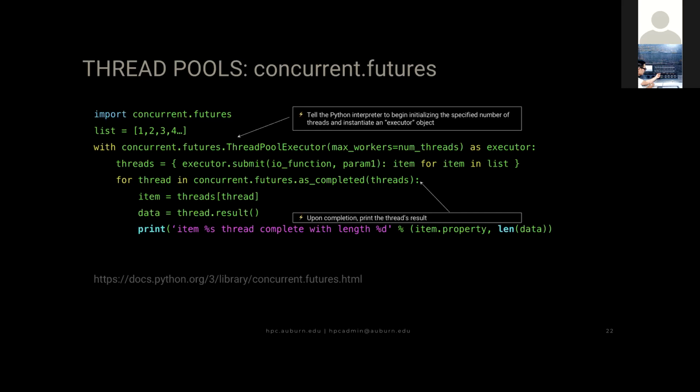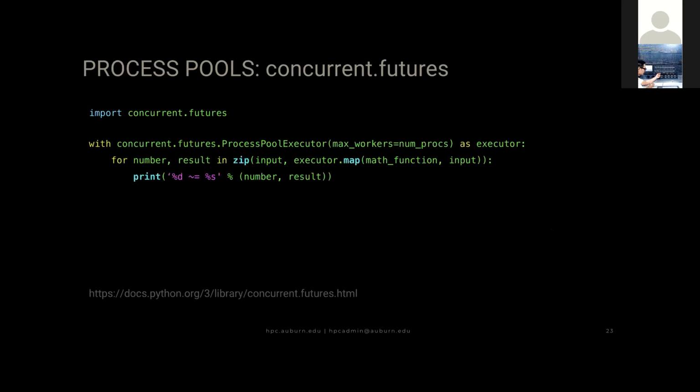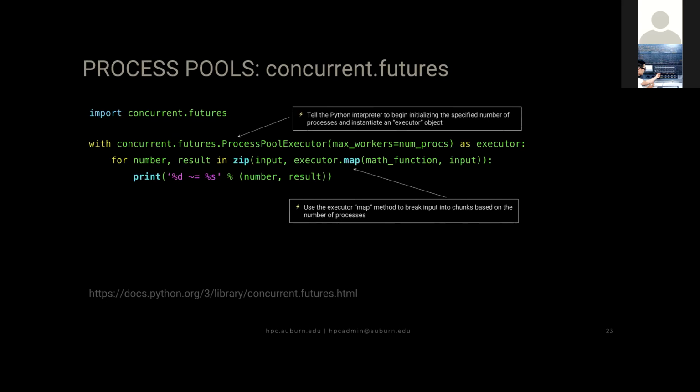But even more simplistic is with process pools. So this is the process version, and here we're doing something very similar. We're saying, with this library, we're going to use a process pool with a number of workers, and return the executor object. And it gets a little bit more complicated because you have these zip and map functions here. The map method breaks whatever you've provided as input into chunks based on the number of processes.